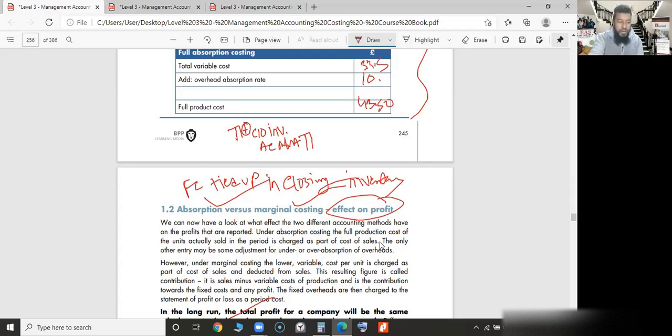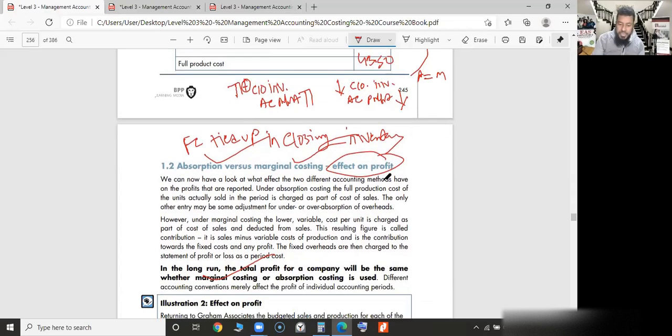Then the other way around, if closing inventory is lower, your absorption costing profit is lower. If there is no opening and closing inventory, AC equals MC, absorption costing equals marginal costing. So these three rules you should keep in your head, which you're going to prove. Yeah, write it down, please. I hope you have written it down. If closing inventory is higher, absorption costing profit is higher. If closing inventory is lower, absorption costing profit would be lower.